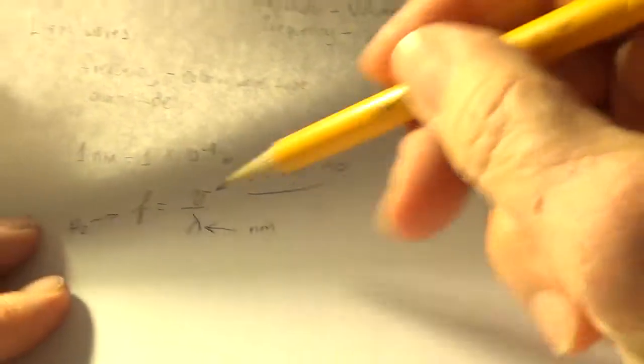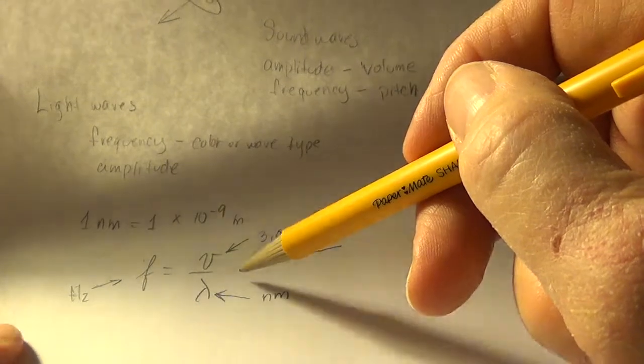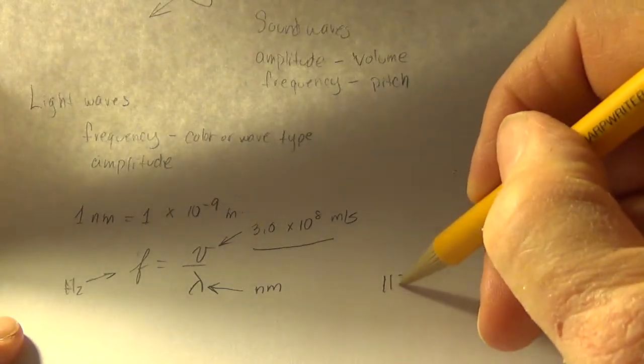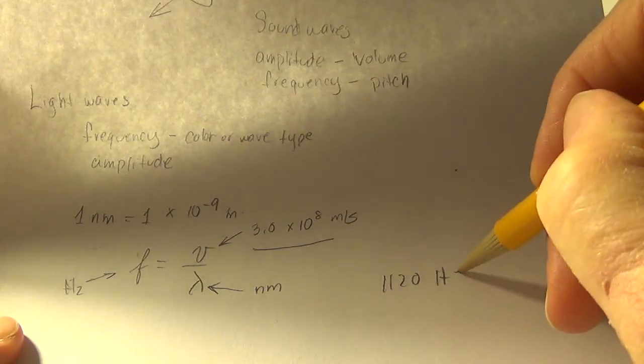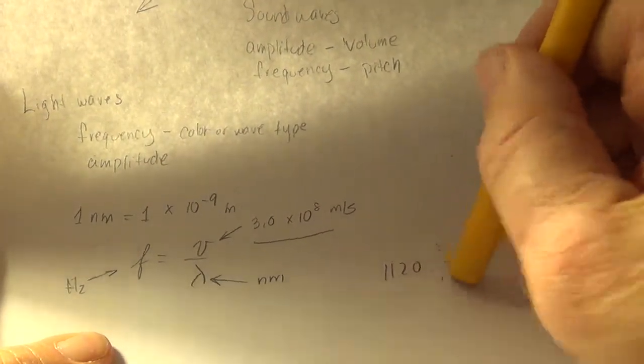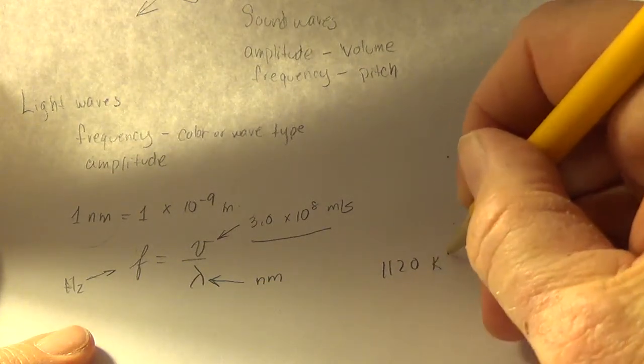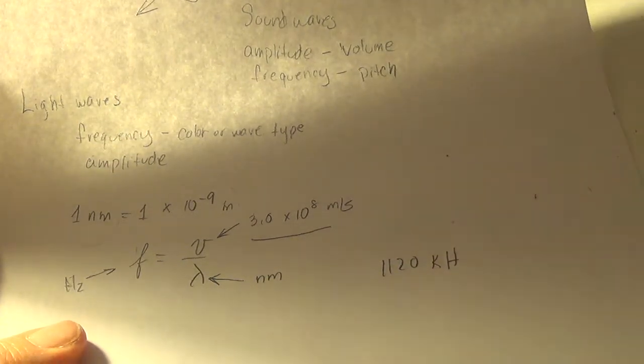Suppose we want to use this formula and we have 1120 hertz. Let's not even use hertz. Let's mess with that unit as well. We're going to say they're kilohertz. K, little k, big H, kilohertz.